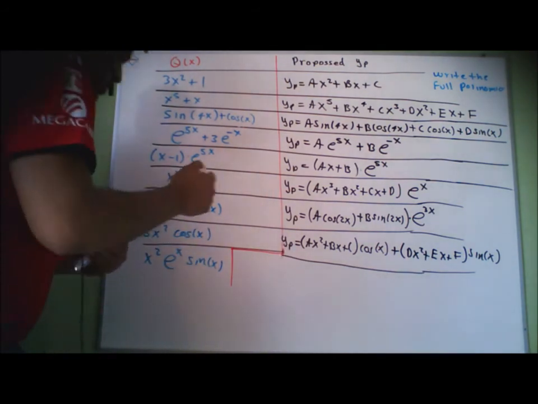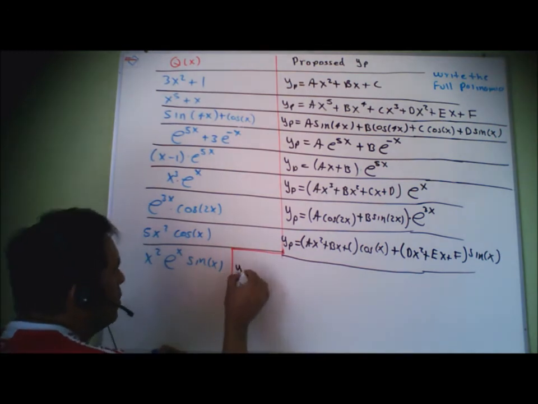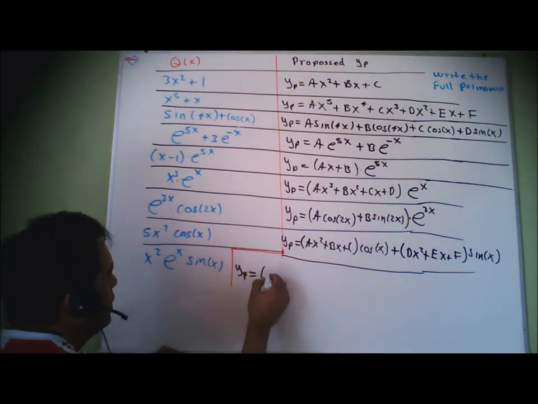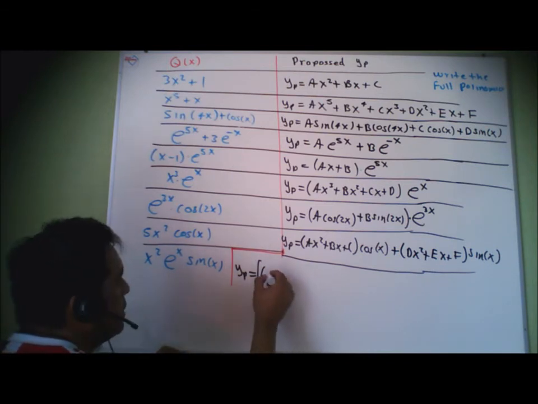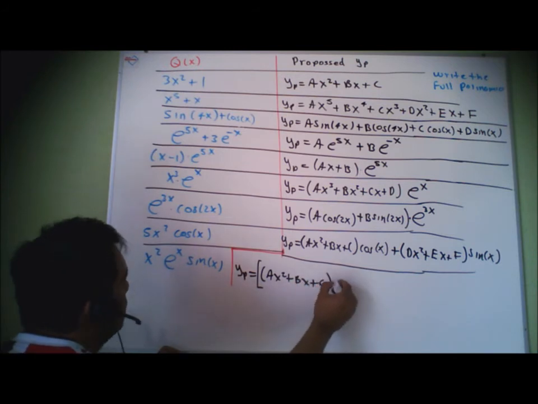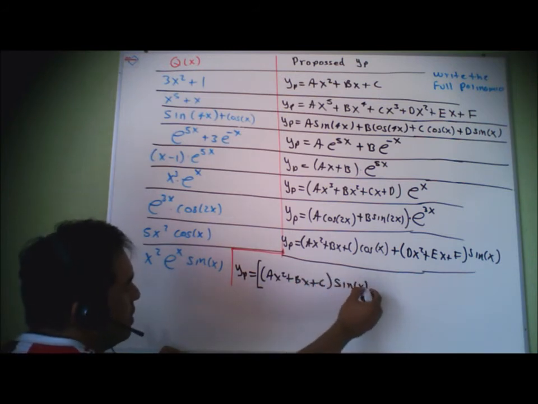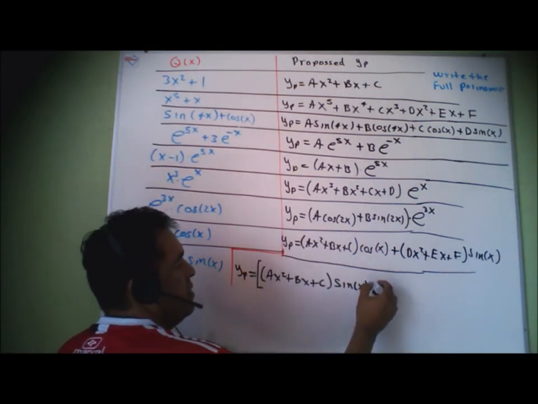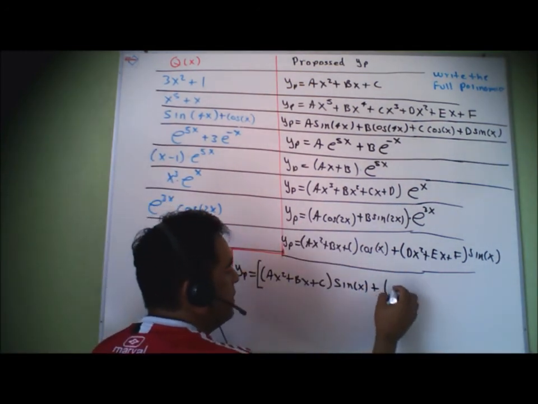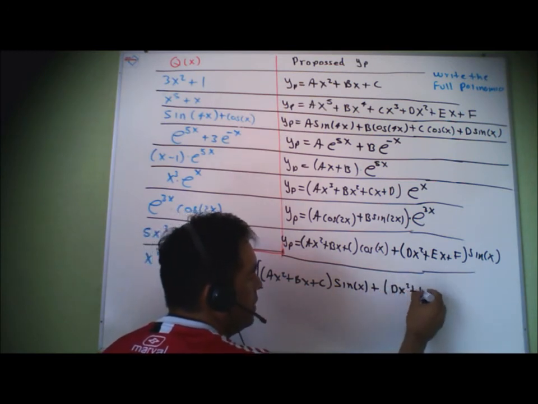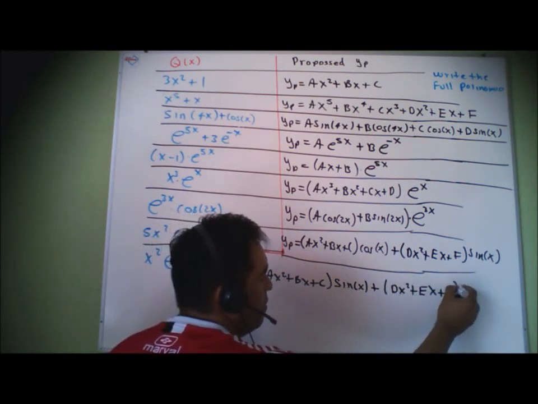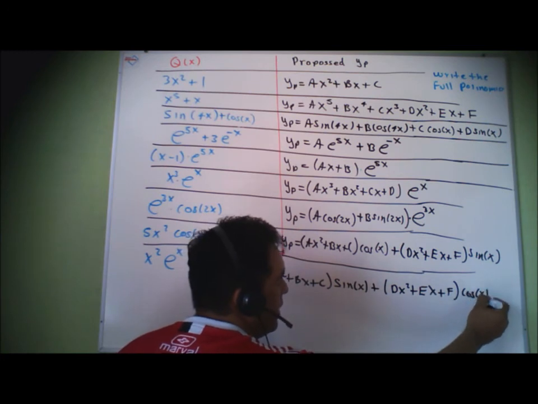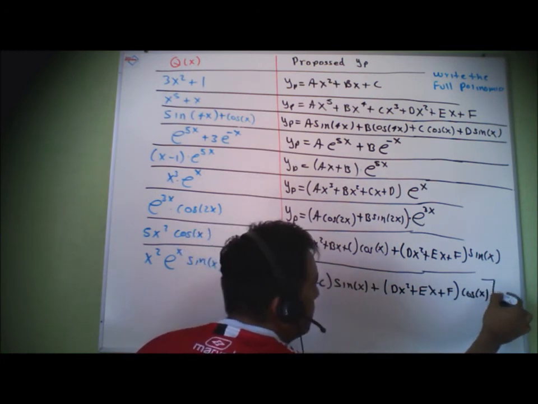My particular solution is going to be, because it is x squared, in brackets, ax squared plus bx plus c, times the sine of x, and because we have the sine, we have to write the cosine. And again, a full polynomial, d x squared plus e x plus f, times the cosine of x, and then here the exponential of x.